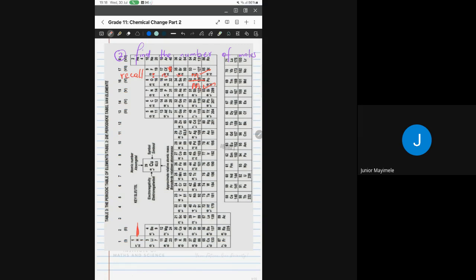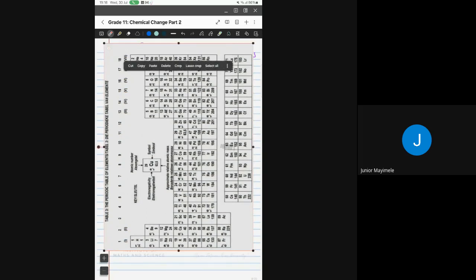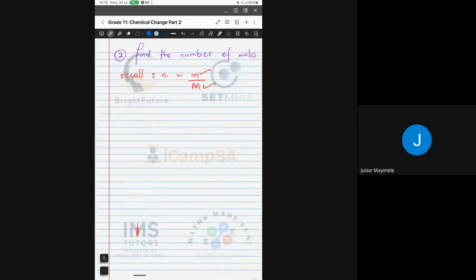There. It was hidden by text. So if you check, hydrogen has 1 as the molar mass, while chlorine has 35.5. Now we can use that to find our molar mass of HCl.